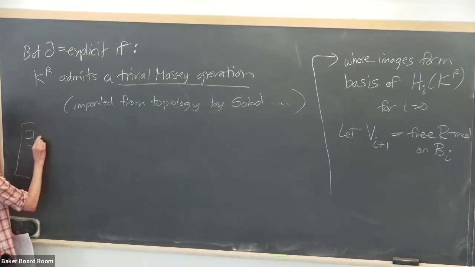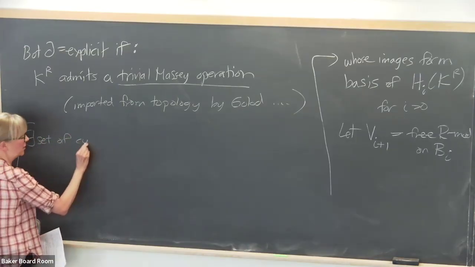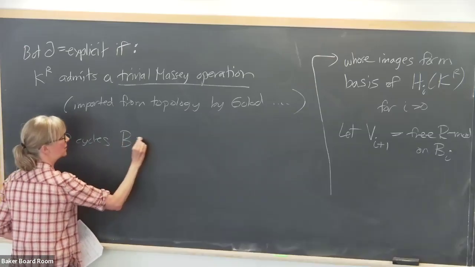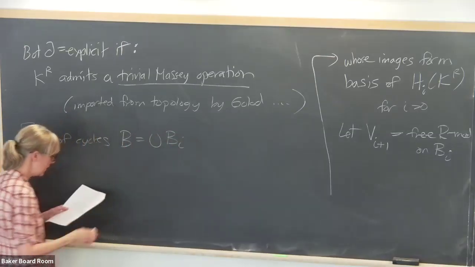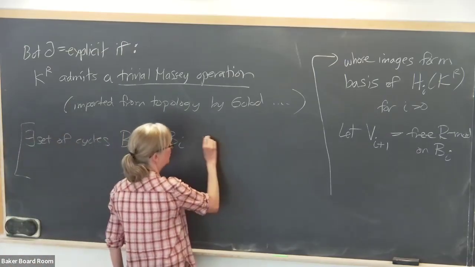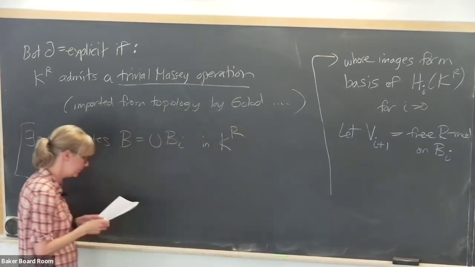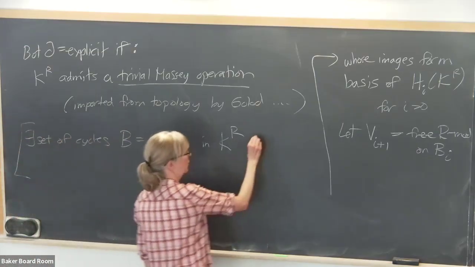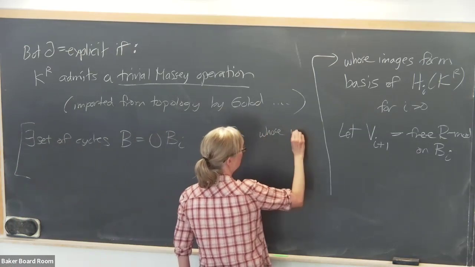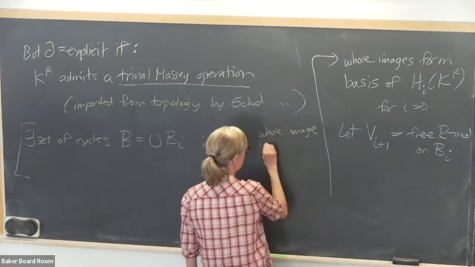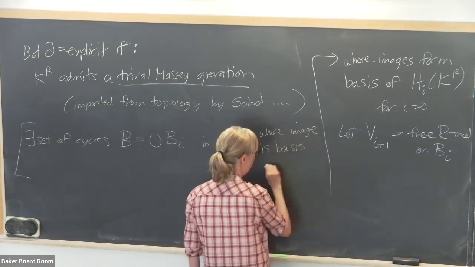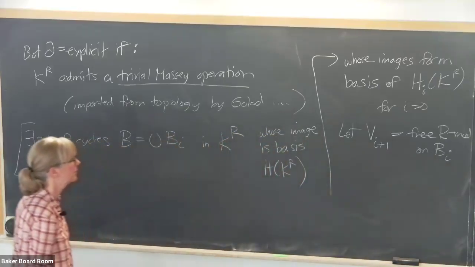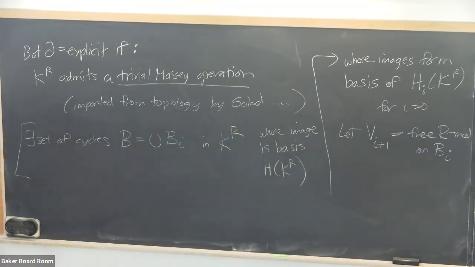There exists a set of cycles, the same cycles B that I put there. B is the union of a bunch of Bi in KR whose image is the basis of H of KR, the Kazoo homology. So same as what I said there.